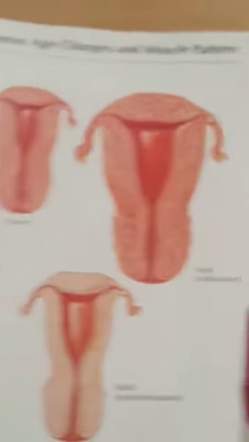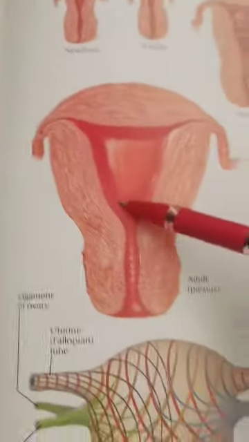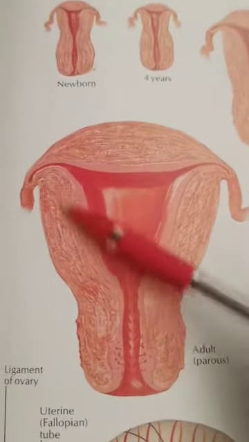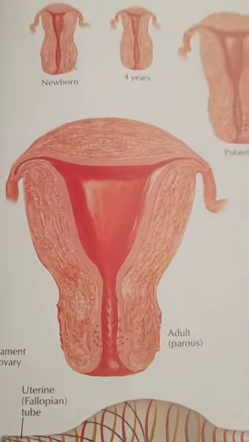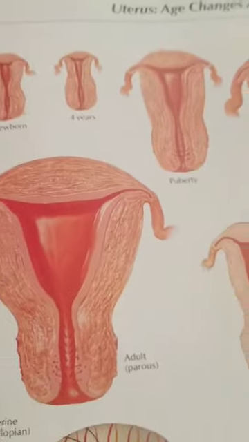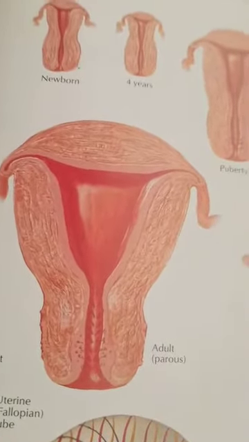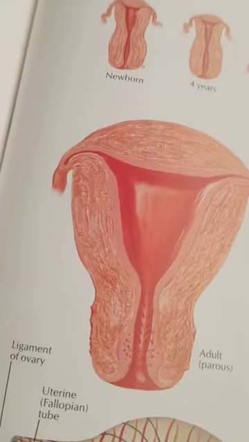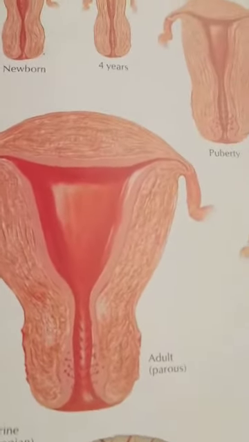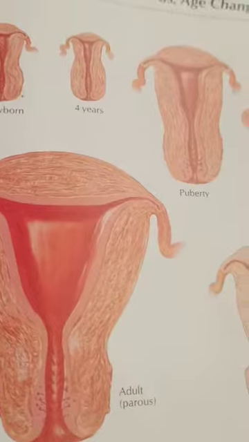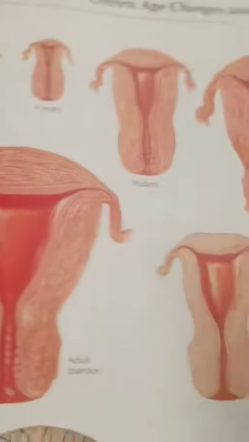And this is the pregnancy time. During pregnancy, the uterus enlarges enormously, mainly due to the enlargement of the smooth muscles, and progressively the uterine wall becomes thinner. This is during pregnancy and after birth.